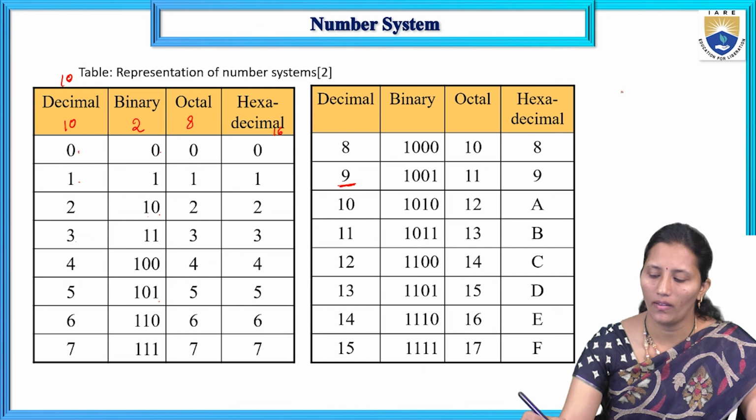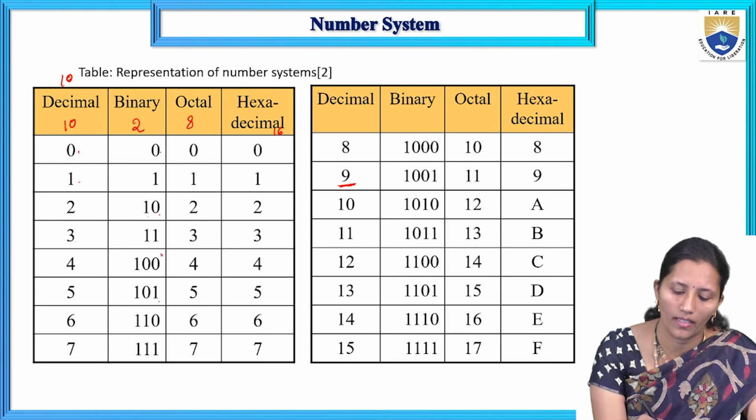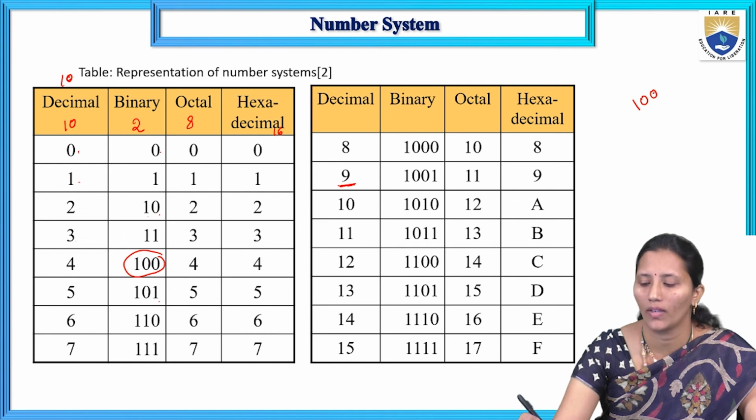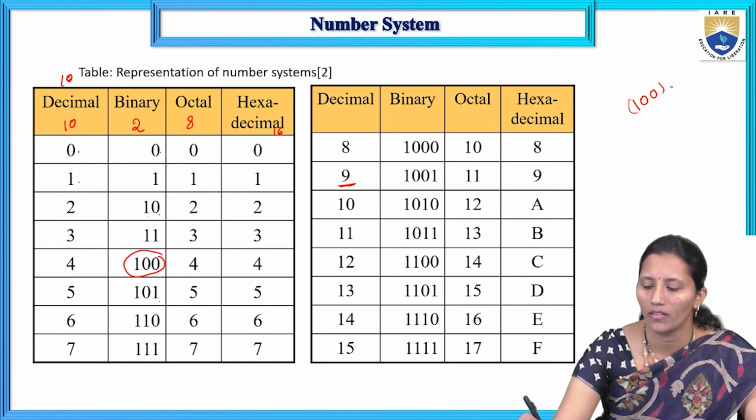See, if we find out the weight, for example, I am taking 4. So, 1, 0, 0. Okay. So, it is in the base 2. So, 2 power 0, 2 power 1, 2 power 2. Okay. 2 power 3, 2 power 4, like that. The weight will be increased in terms of powers of 2.